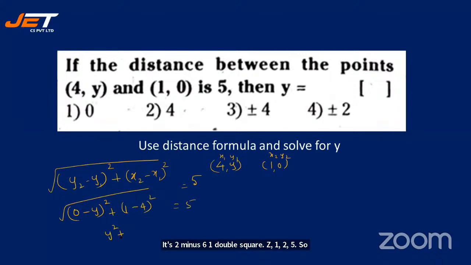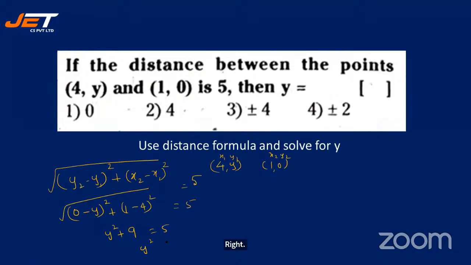So y square plus, what is 1 minus 4? It is minus 3. 3 square is 9. Right? All right. Is equal to 5.